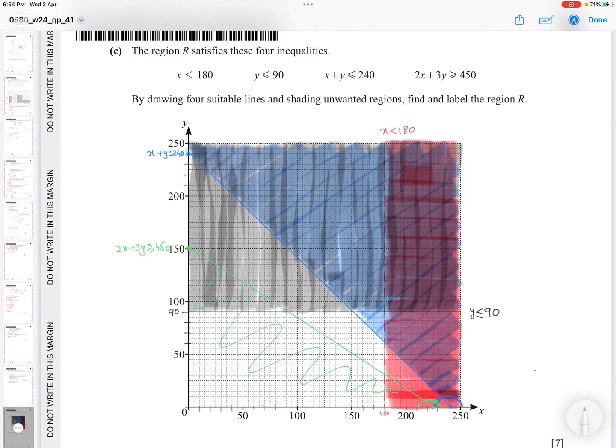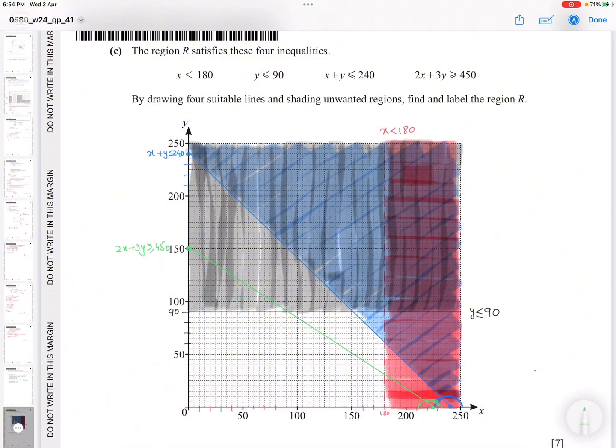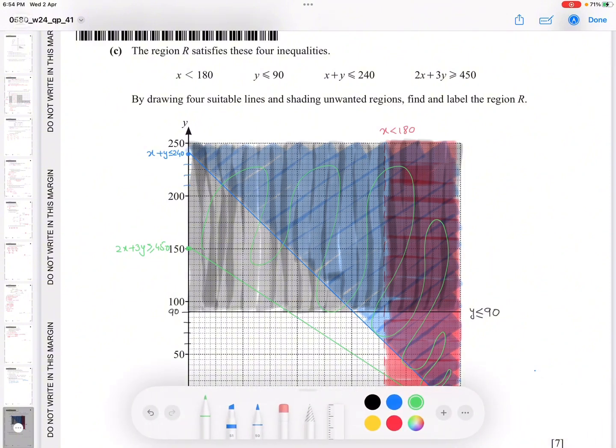So this side is unwanted. And on the bigger angle side, this is the wanted area.